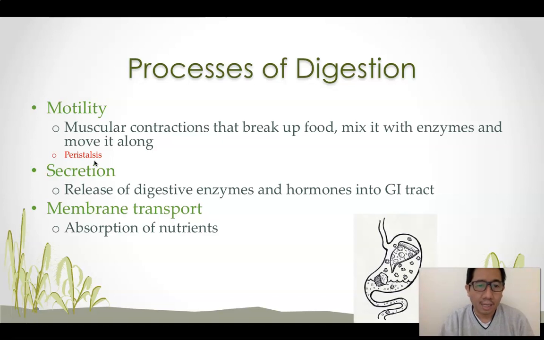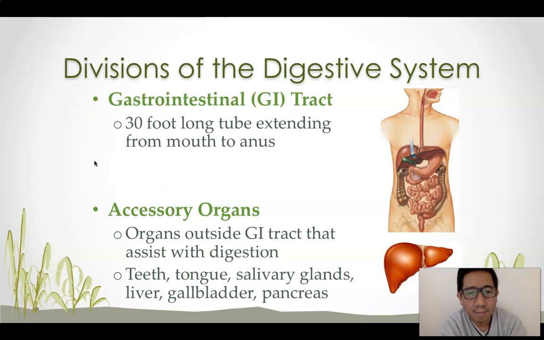That's the huge key. Okay, and secretion, you have different types of enzymes secreting. We'll talk about those. Membrane transport, different places where we transport those as well.